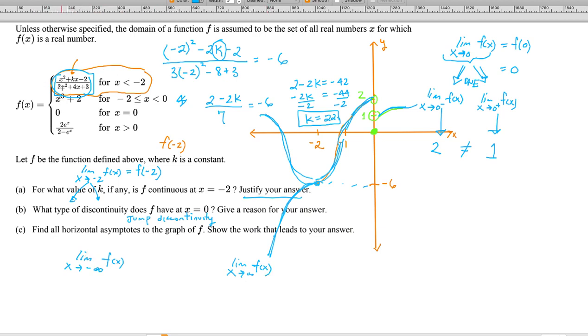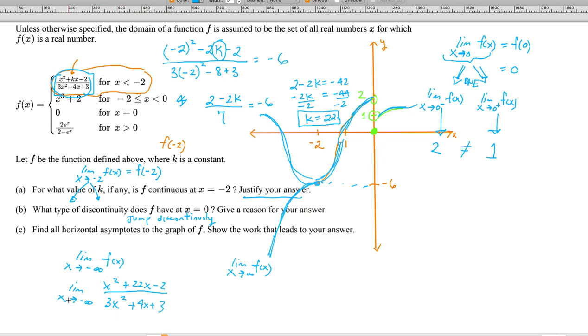So the first piece I want to use is this one, right? And what you need to know is that there are 3 cases. This is x squared plus 22x minus 2 over 3x squared plus 4x plus 3.